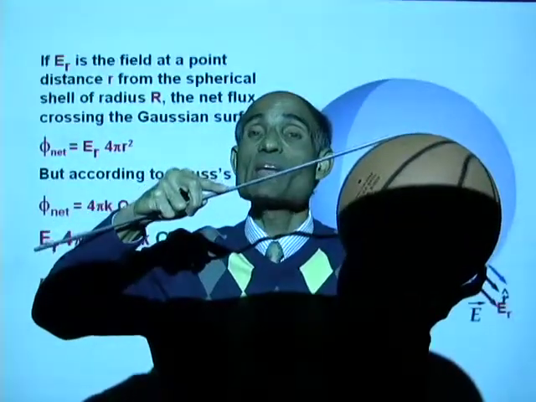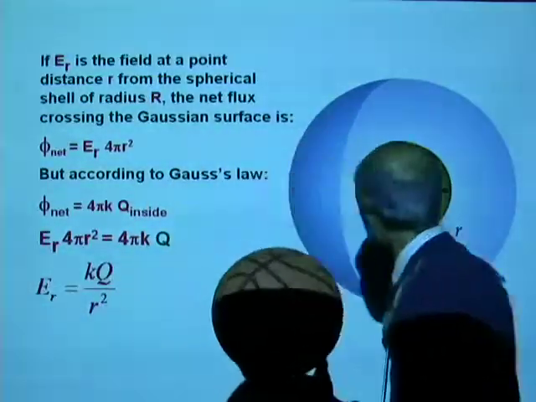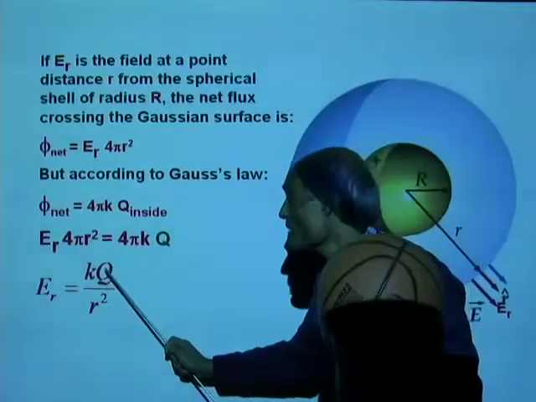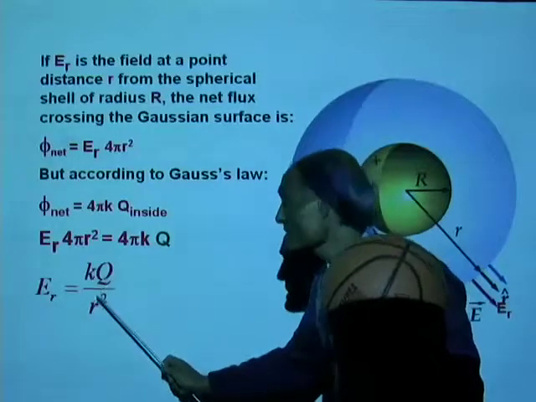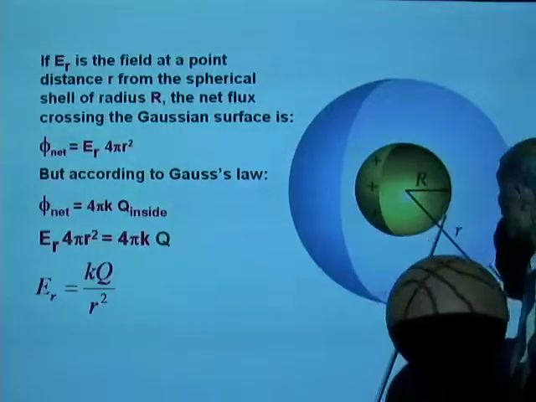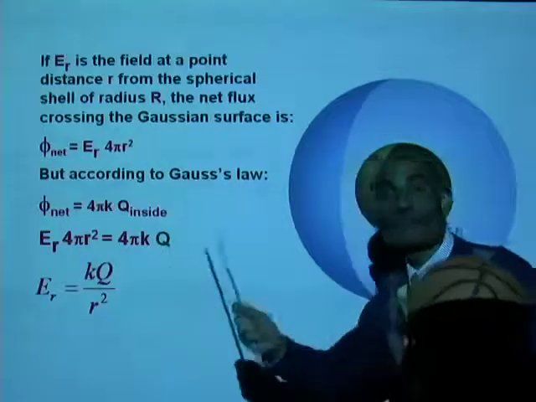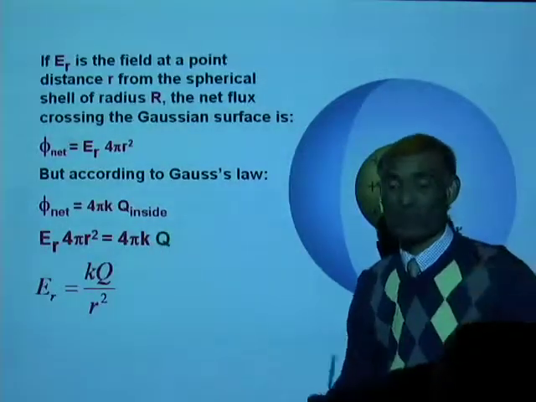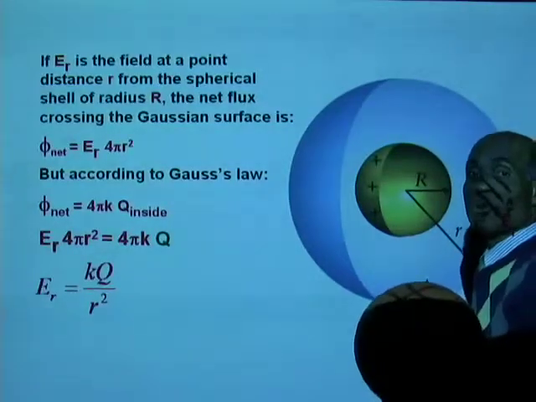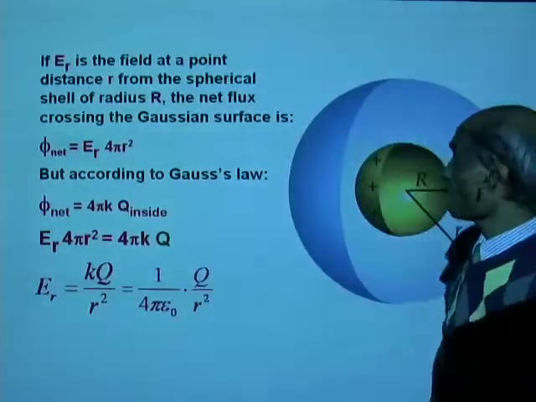The electric field at any point on the surface will be k Q over big R squared. For the surface, the distance of any point on the surface from the center will be that radius. And as you go away from the surface, as R increases, the electric field will keep on decreasing. So the maximum electric field is at the surface. As you go away from the surface, the electric field decreases.